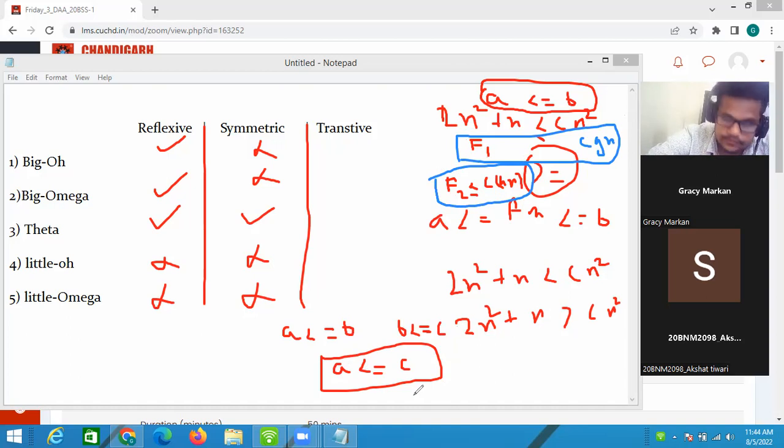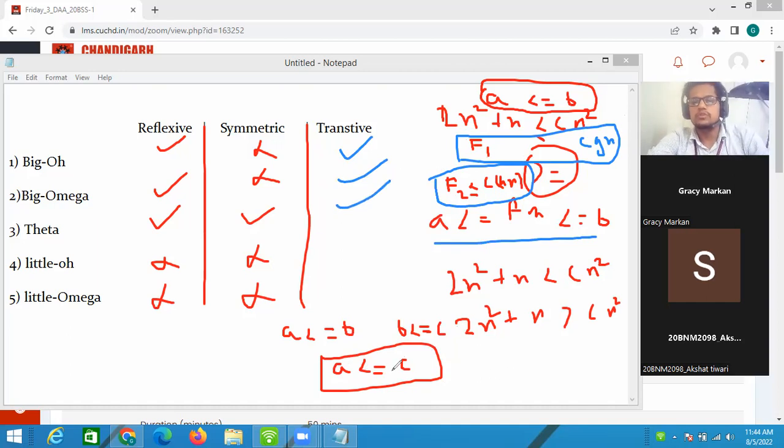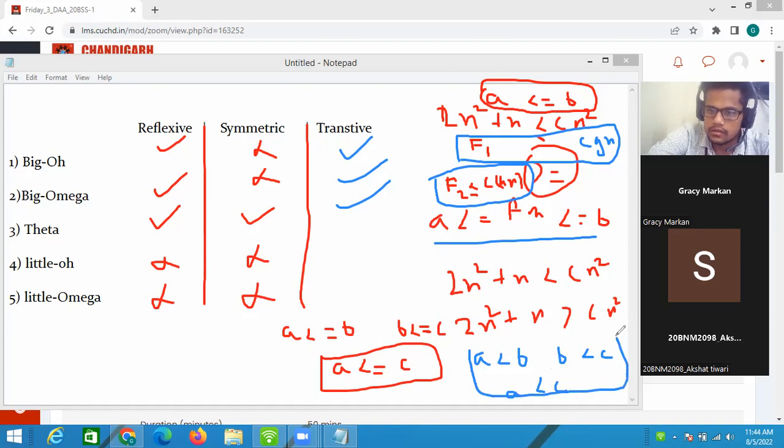So here we have this property, in this case also transitive. Or if equals to is not there, we can also suppose this: if A less than B and B less than C, again we can say A is less than C, for little o and for little omega.